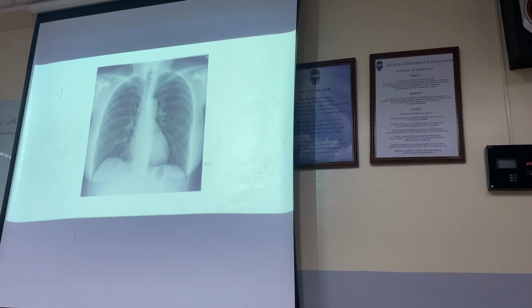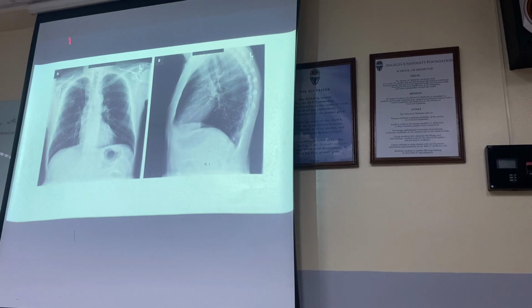The same, right? Okay. So, this border pointed is the what? Left ventricle up to the apex. What about this? Right border, atrium. Di ba?